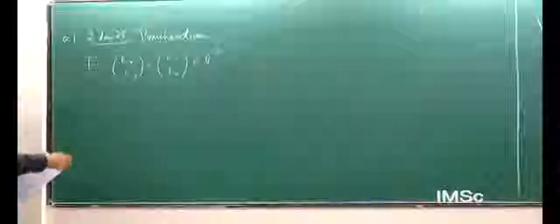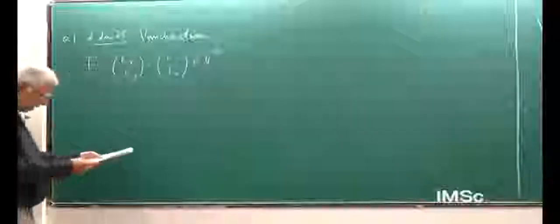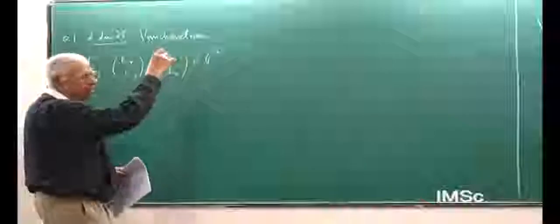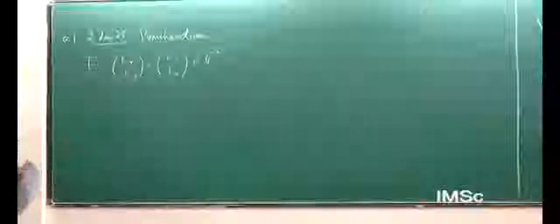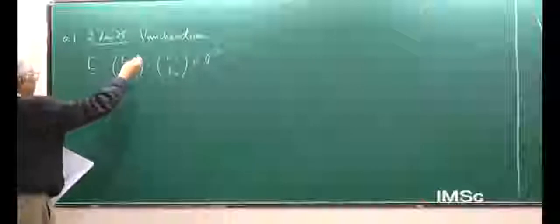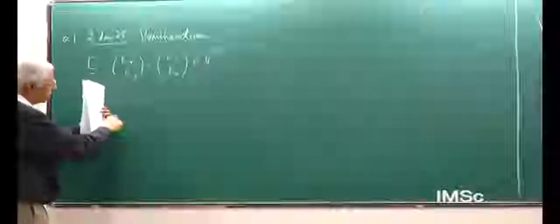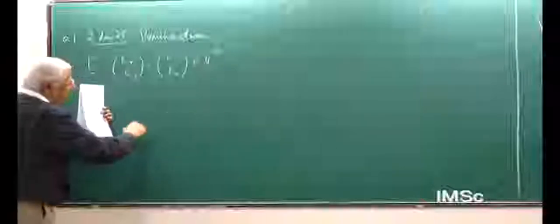And I am using the usual complex representation of electric fields. So these are complex, and we are omitting this e to the power minus i omega t because frequency is kept fixed. So this is the electric field in a transverse plane, this being the propagation direction along z.